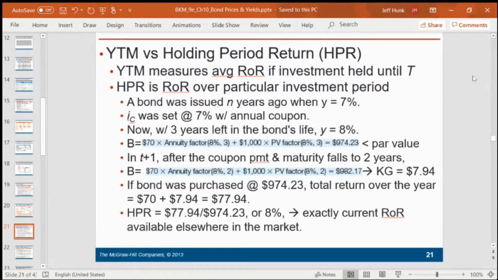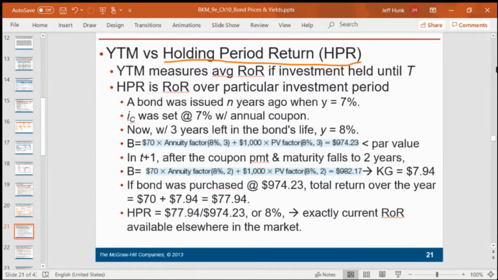Now, in this video, we're going to be talking about the holding period return. It's not difficult to understand, because holding period return is the total return over the entire holding period of the asset, right?